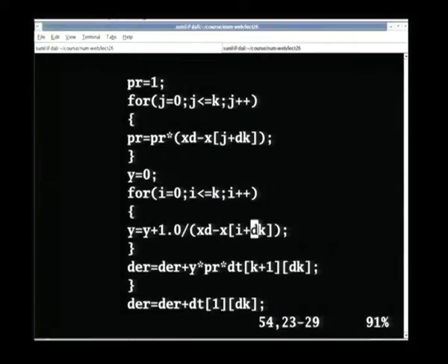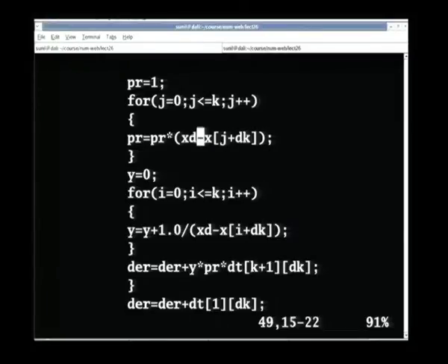So, I do a sum going from 0 to k, where k is the order of the term in the polynomial or the derivative polynomial, and I have the sum here for that term, that is 1 over x minus x i, or x i plus dk, because dk is the point at which I enter the polynomial, and then there is the product here.